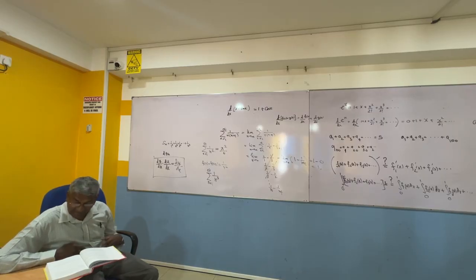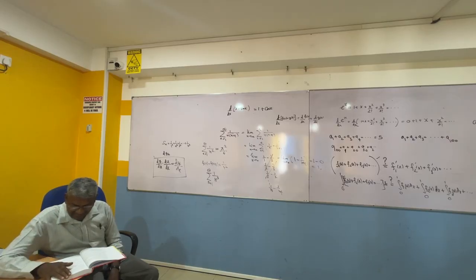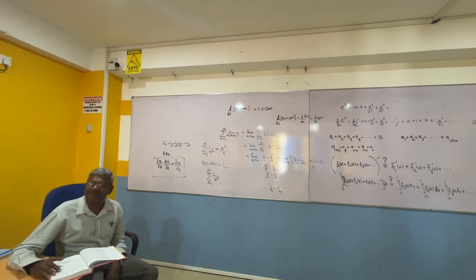So you have to ask yourself, the same reasoning that shows 1 plus 1/2 plus 1/4 and so on equals 2 also gives that 1 plus 2 plus 4 and so on equals minus 1. Why is it that we trust the first equation but not the second?